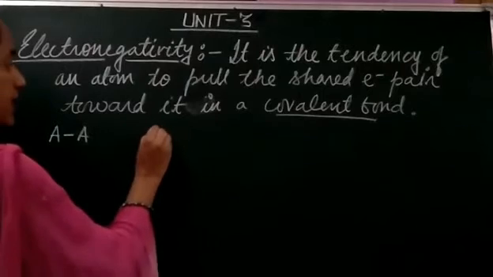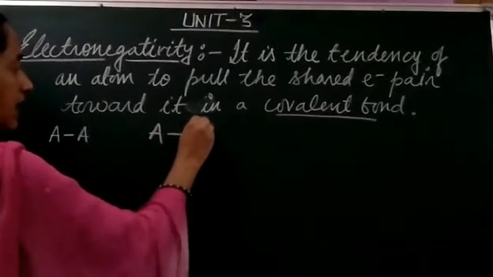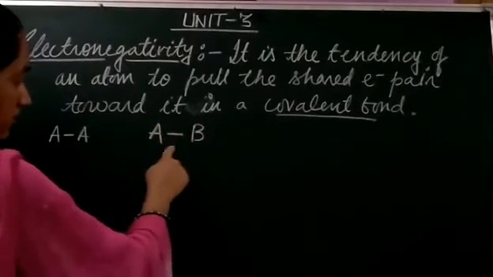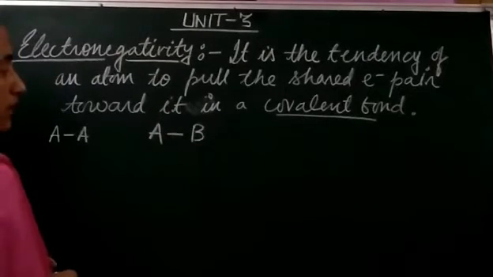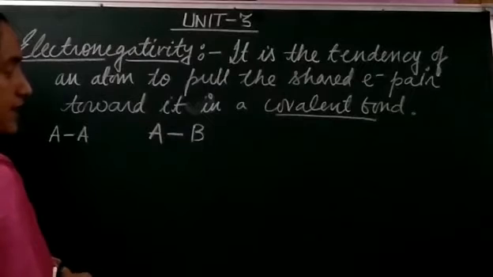But students, if we take an example here, A dash B, or A bonded with B, here also the bond formed between the two atoms is a covalent bond.